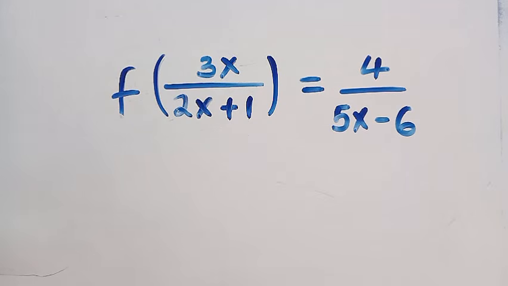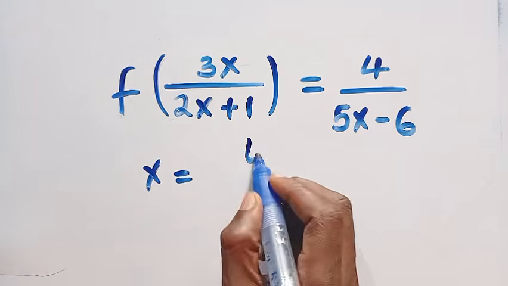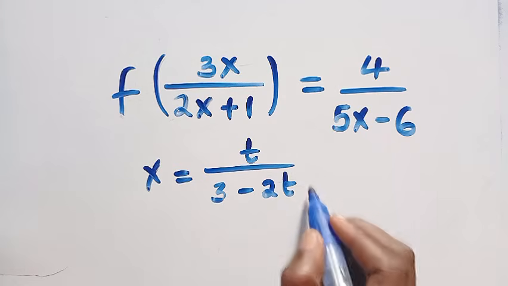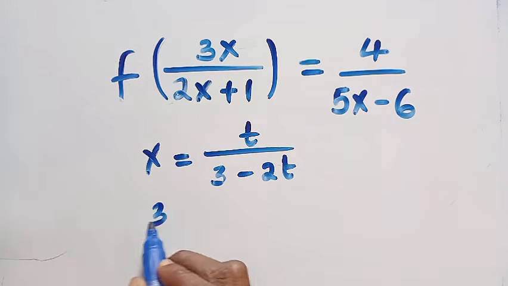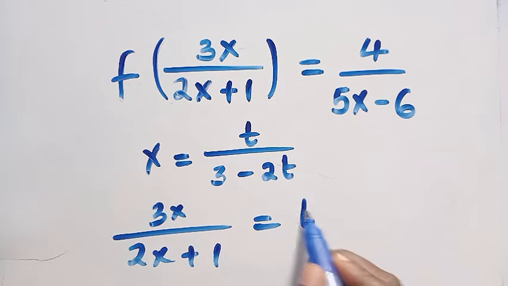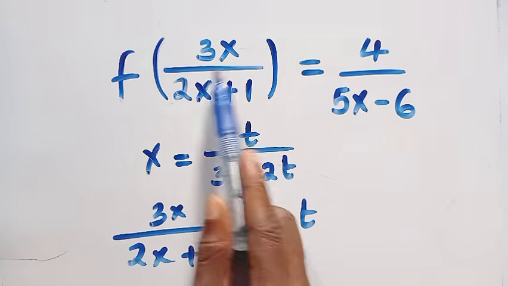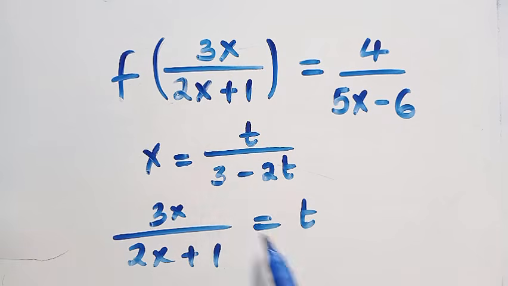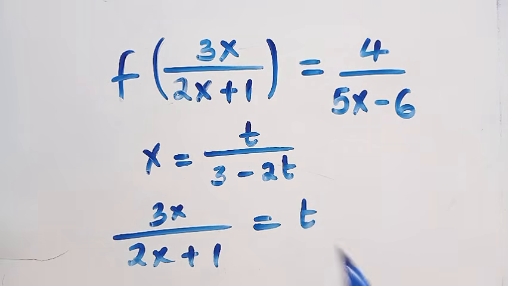Initially we let 3x over 2x plus 1 be equal to t, so on that side we don't need to replace anything; we just take everything there and equate it to t.